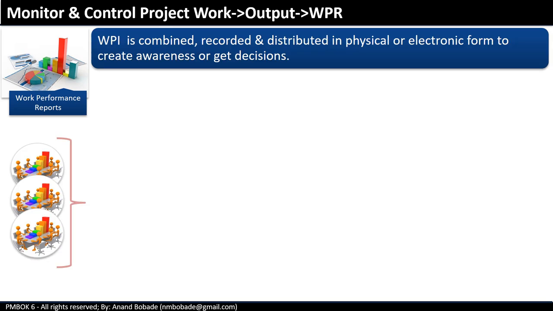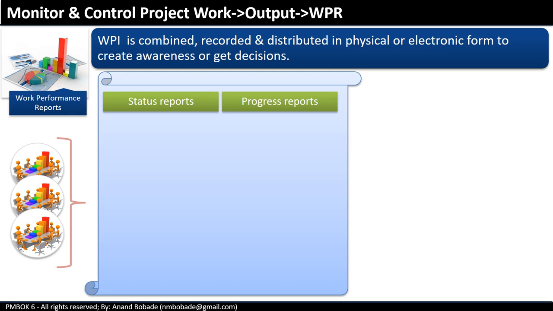This is then compared to the project management plan in control processes of various knowledge areas, which results in work performance information. Work performance information is combined, recorded, and distributed in physical or electronic form. For example, WPR includes status reports and progress reports.